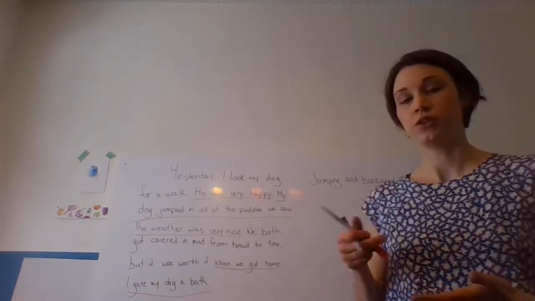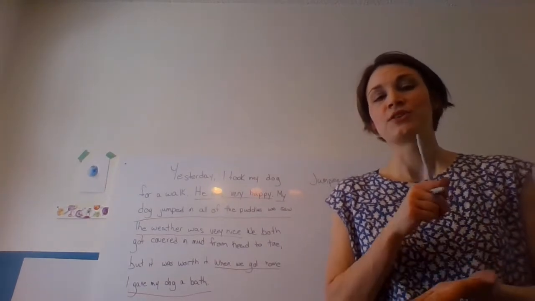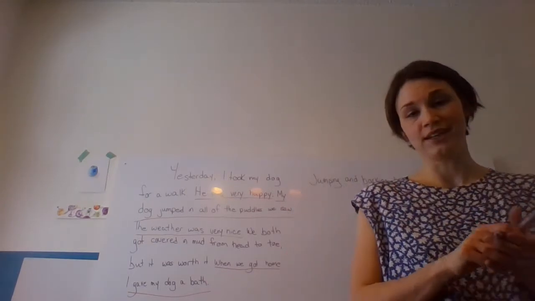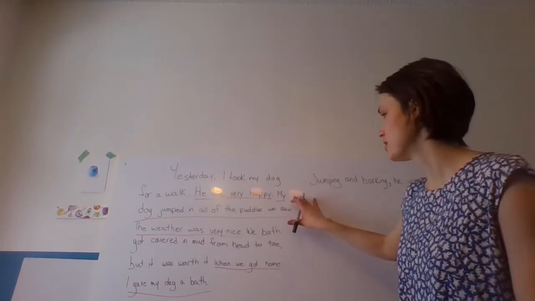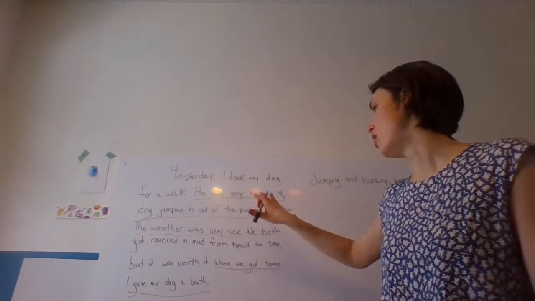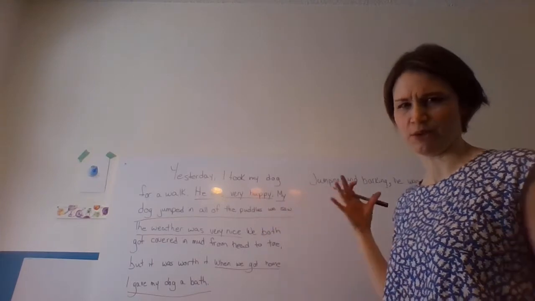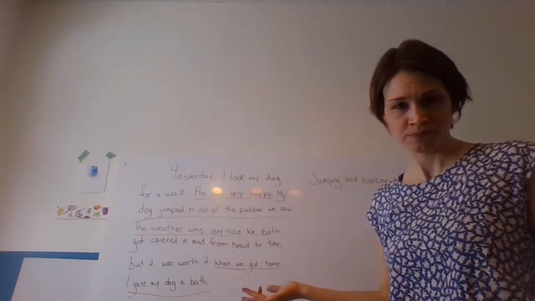One strategy you can use with sentence branching is adding in an appositive. This is a noun that describes a noun that comes before it in a sentence. If we want to describe something in the sentence, my dog jumped in all of the puddles we saw, because this paragraph is talking about my dog, maybe I want to describe my dog a little bit more.